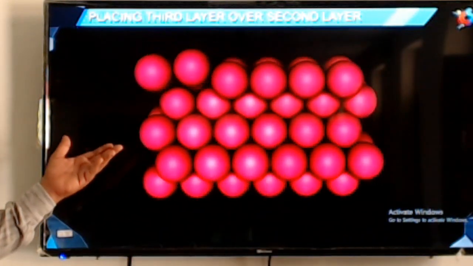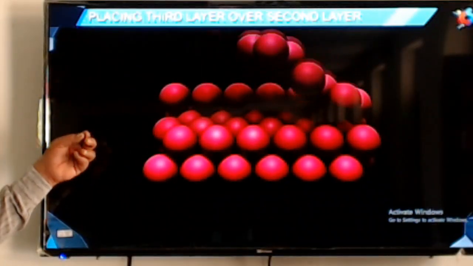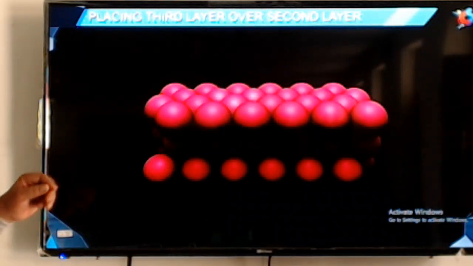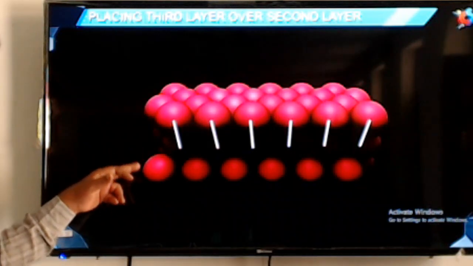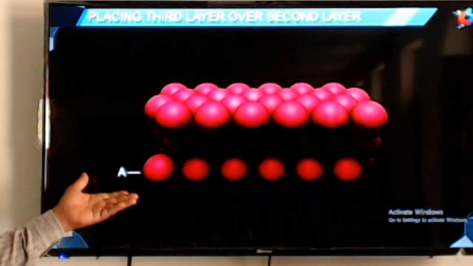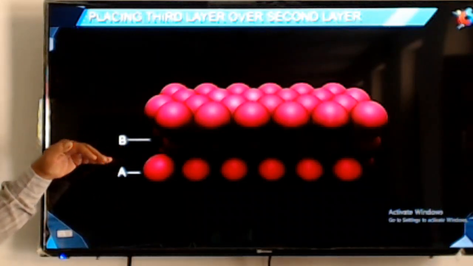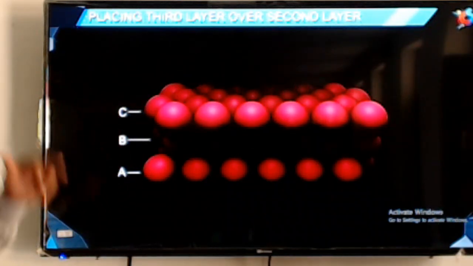If octahedral voids of the second layer are covered by the third layer, then the third layer does not coincide with the first layer or second layer. It cannot duplicate the first layer or second layer. A layer is different, B layer is different, and the third layer is also different. So ABC.